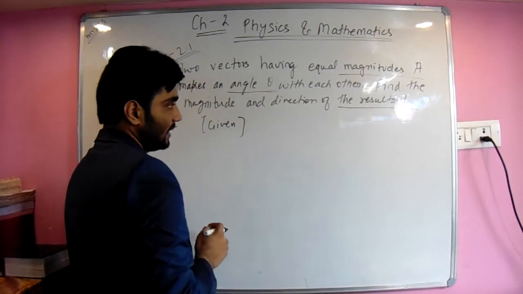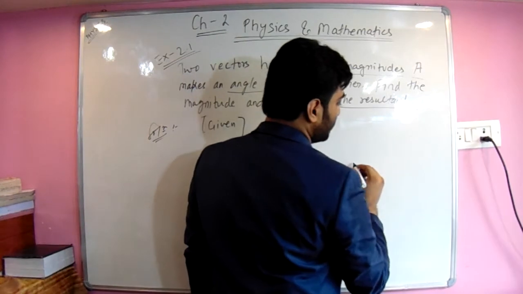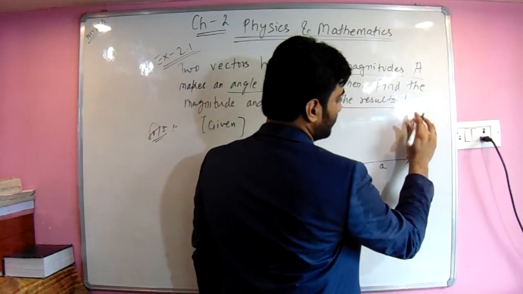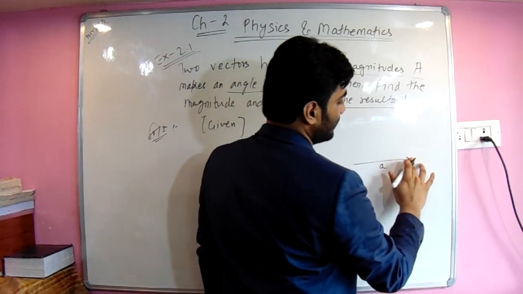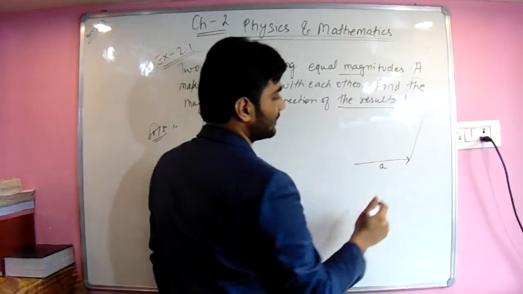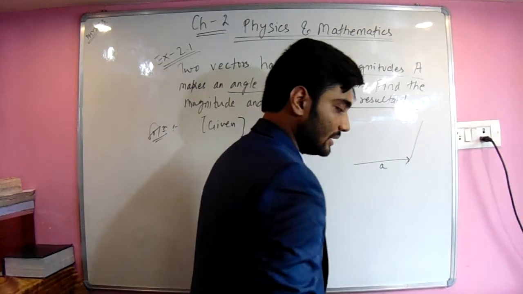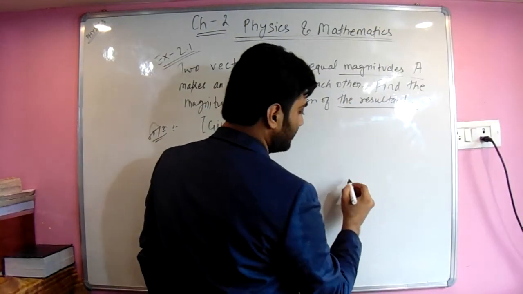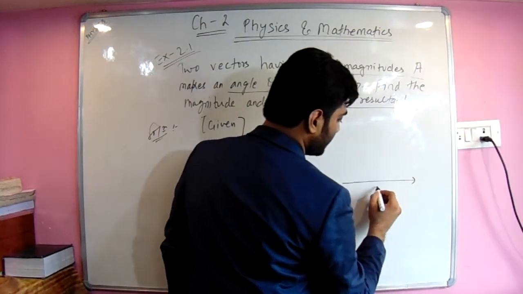Suppose we draw two vectors, A vector and B vector. This can be drawn like this.